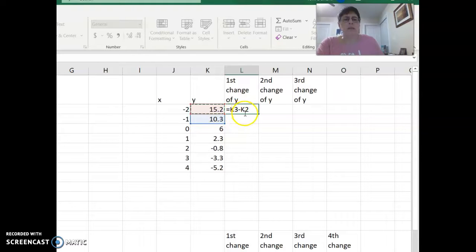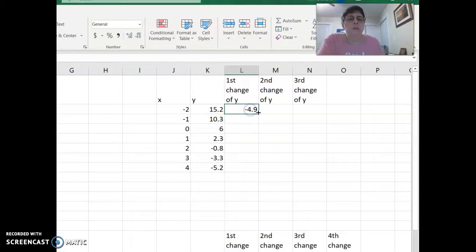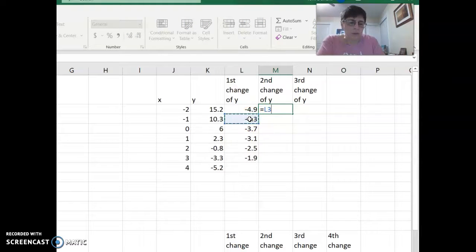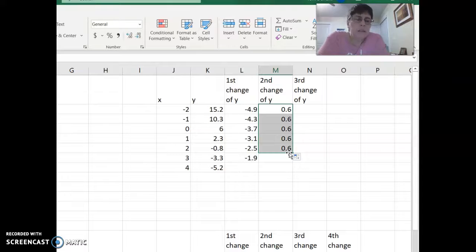K3 minus K2. Yeah, that's it. Okay, negative 4.9. So click and drag. These aren't the same. So I'm going to do another change. Equals the one below it minus top. Enter. Click and drag. Now we're all the same.